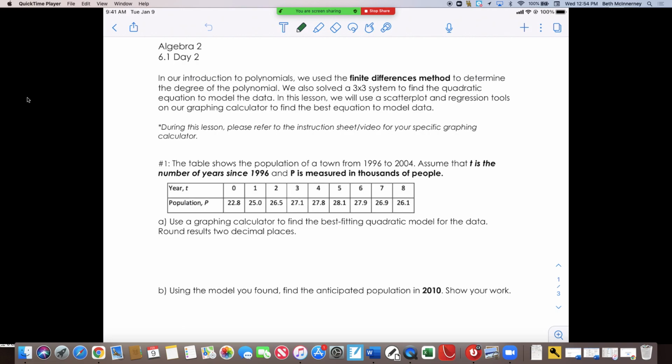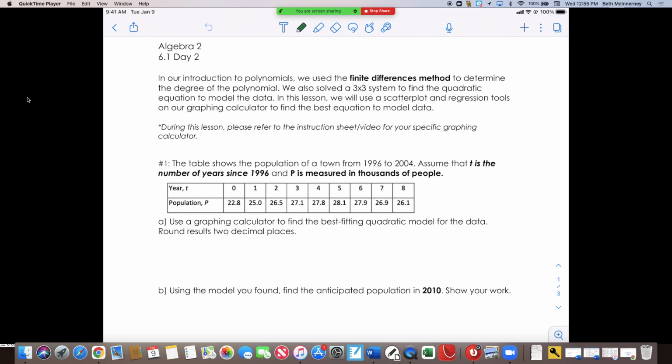We can also solve a 3x3 system or a 2x2 system when you're doing a quadratic. In this lesson, we're going to use a scatter plot and regression tools on our graphing calculator to find the best equation to model the data. Those of you with the TI Nspire, pull up the instruction sheet as well, because if I lose you, you see the step-by-steps you need.